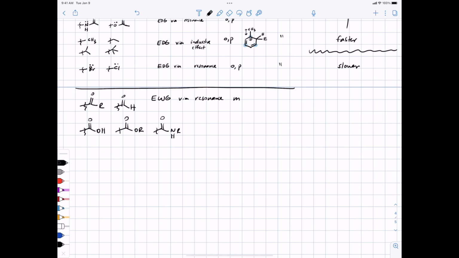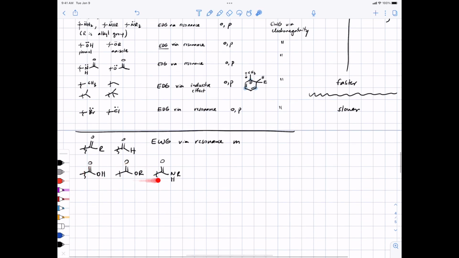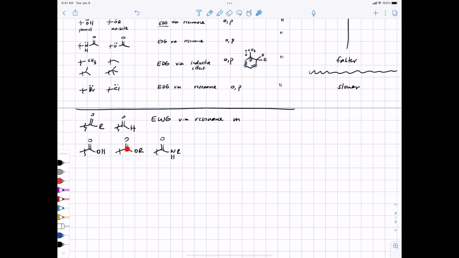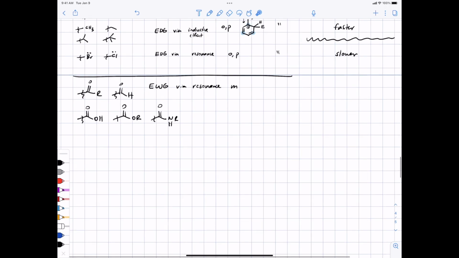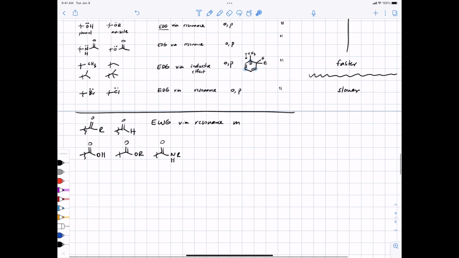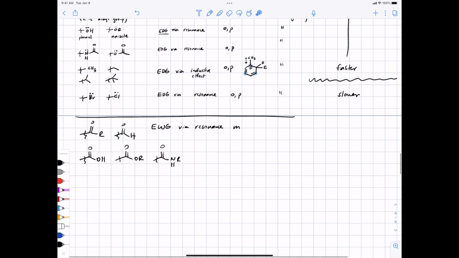Behold and do not be deceived. This arrangement is different from this one. The carbonyl group is attached to the benzene ring here. That's a withdrawing situation. If the nitrogen or the oxygen are attached to the benzene ring, that's a different situation. Some of you will make this mistake on an exam. You will come to me and say, you said in class that amides and esters are electron donating groups by resonance.